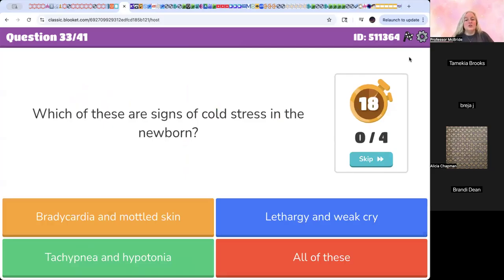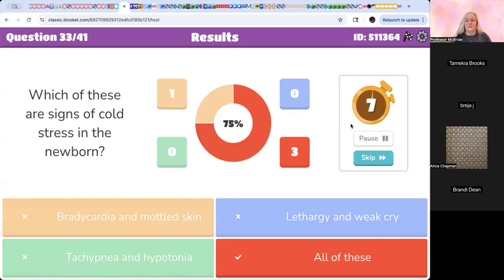Which of these are signs of cold stress in the newborn? All right, all of these are signs of cold stress. So we have to remember, guys, that if our baby gets cold, they can't shiver to get warm. And so it causes everything to vasoconstrict, and that's going to decrease the oxygen to the tissues.